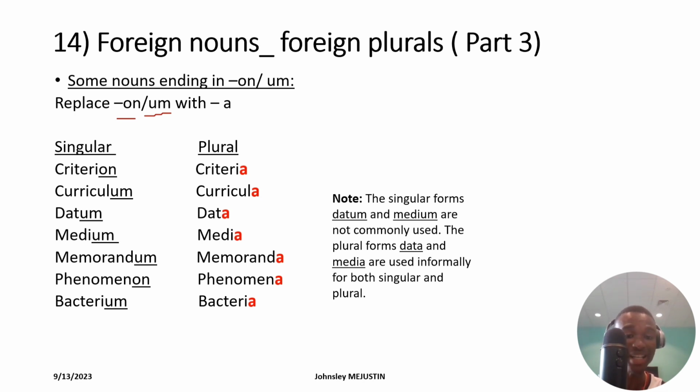Criterion, criteria. Curriculum, curricula. Datum, data. Medium, media. Memorandum, memoranda. Phenomenon, phenomena. Bacterium, bacteria. So note, the singular forms datum and medium are not commonly used.